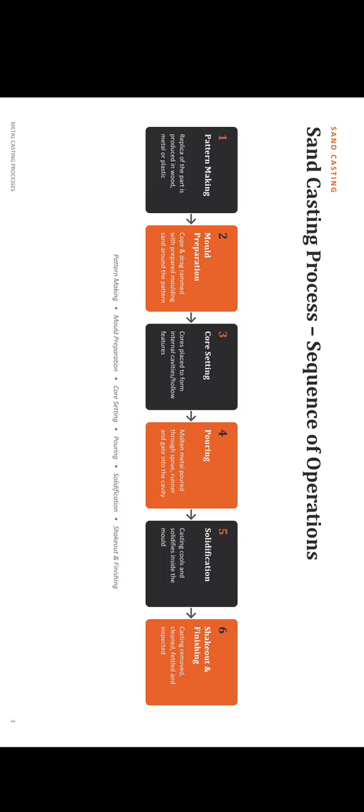Core setting: the core is placed to form internal cavity hollow features. Pouring: molten metal flows through the sprue, runner and gate into the cavity. Solidification: the casting cools and solidifies inside the mold. Shakeout and finishing: the casting is removed, cleaned, fettled and inspected.